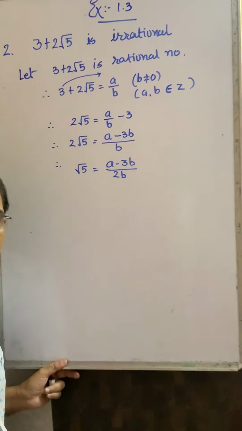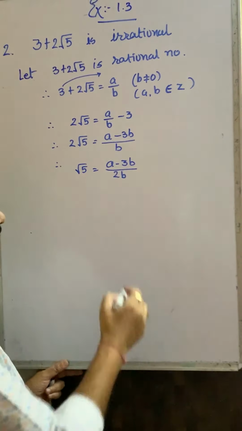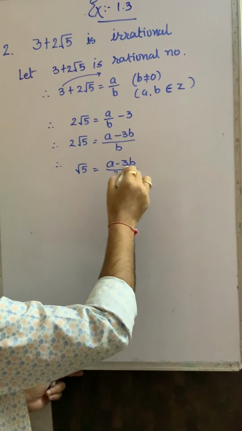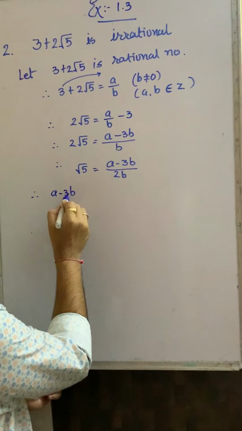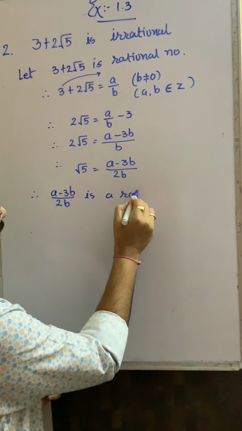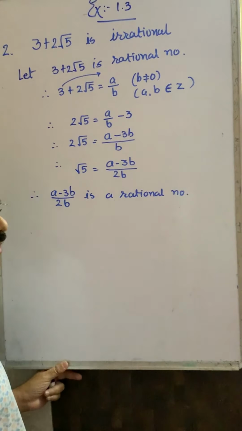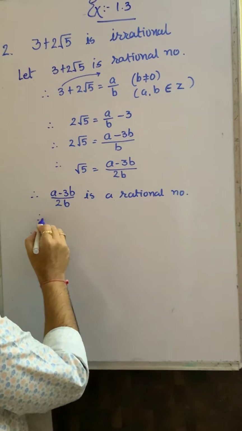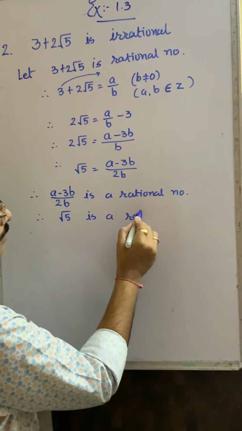Now see, a and b are integers. So this fraction is called a rational number. Therefore, a minus 3b upon 2b is a rational number. But this is equal to root 5, so we prove that root 5 is a rational number.